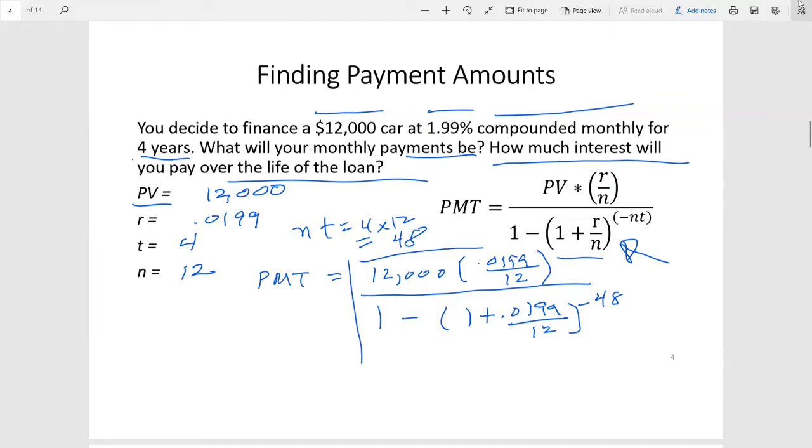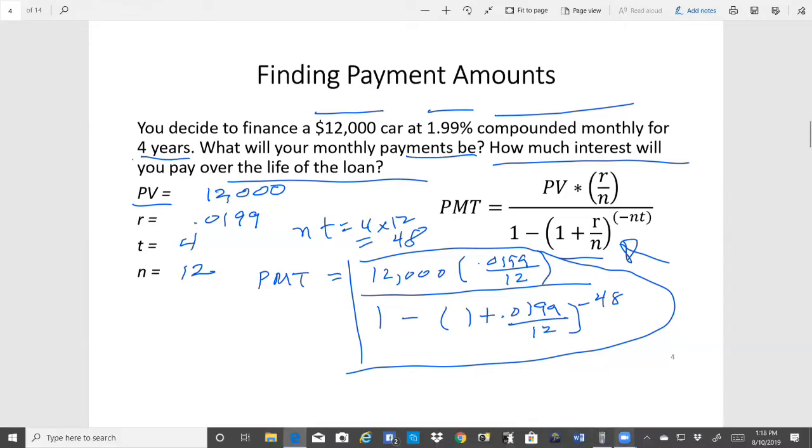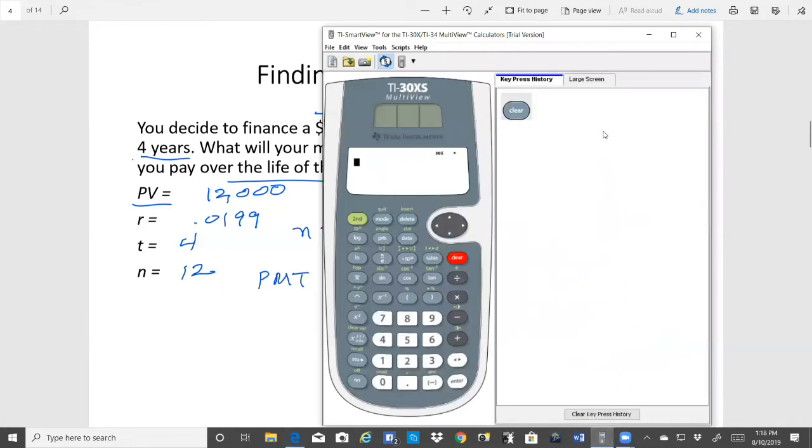So I'm going to also put this in the calculator. After you get used to this, you'll be very handy at doing the calculation. Let me bring up the calculator.